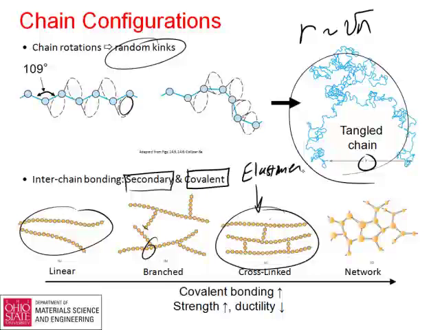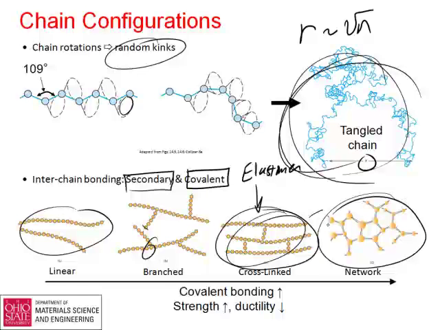It's like a rubber band. When you pull on it, you can stretch it, and because the chains don't hold on to each other very much, when you let go, they snap back because they want to maximize their entropy. They want to maximize their disorder. They want to see these chains tangle up like that.